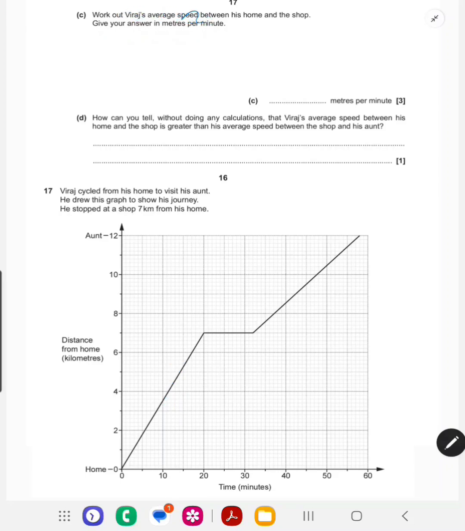Part C, we're asked to work out the average speed between home and the shop. Well, we know that we stop at the shop, so we're working from home here up to the shop. And if we're looking at speed, we need to know the distance and the time, because speed is distance divided by time. So let's have a look at how far it is to the shop.